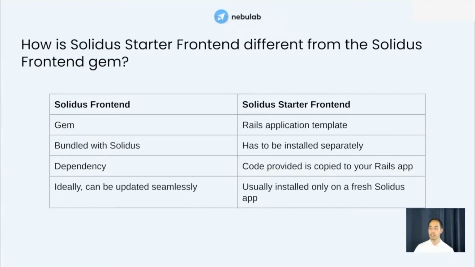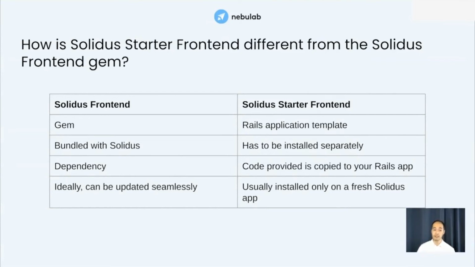Now that you have seen Solidus Starter Frontend, you might be curious to learn how it has changed from the current Solidus Frontend gem. As you know, the current Solidus Frontend is implemented as a gem, and it is bundled with Solidus.